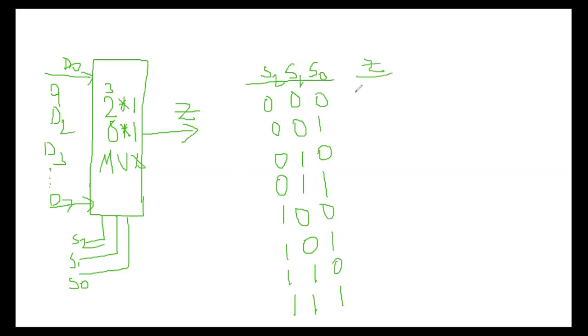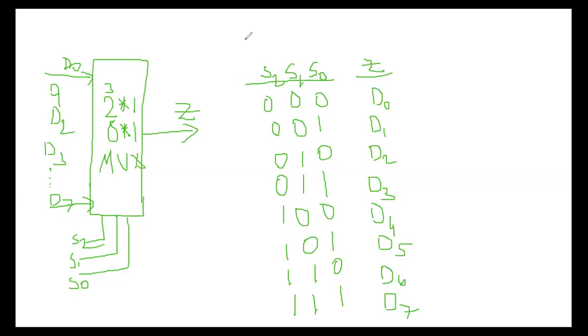When I select 0 0 0, D0 appears at the output side; 0 0 1, D1; 0 1 0, D2; 0 1 1, D3; 1 0 0, D4; 1 0 1, D5; 1 1 0, D6; and 1 1 1, D7 will appear at the output side.